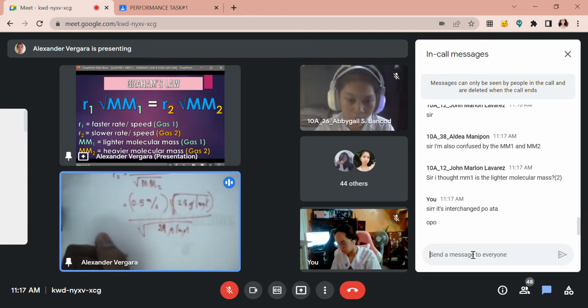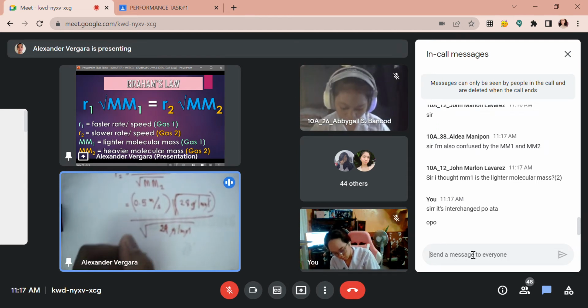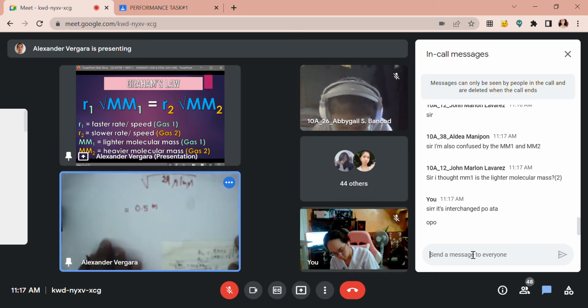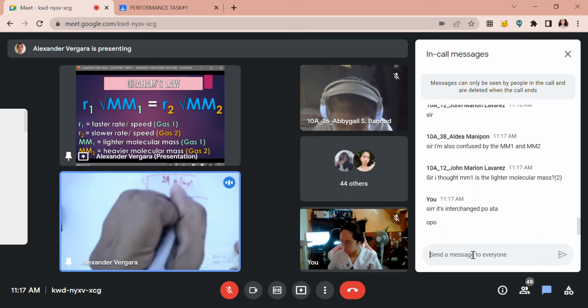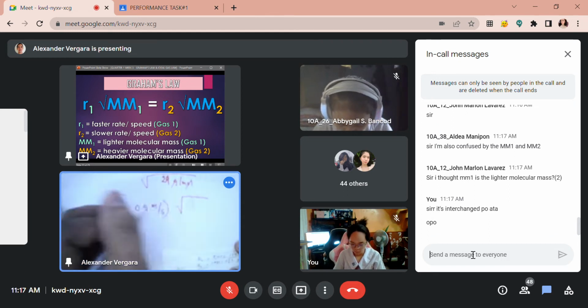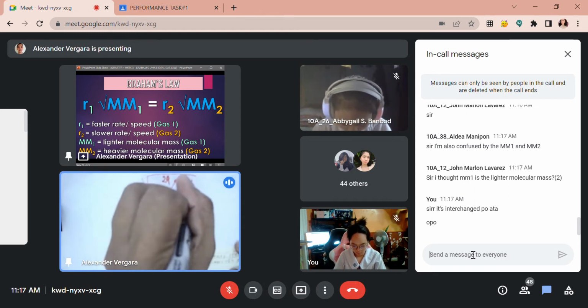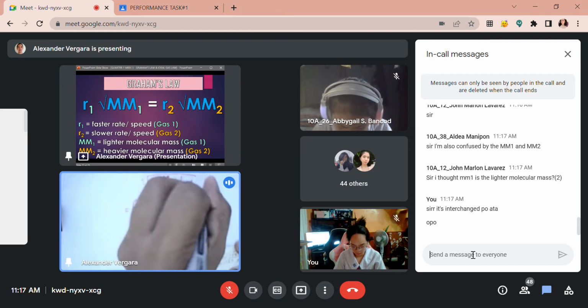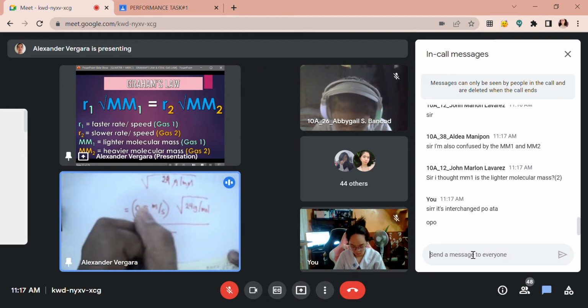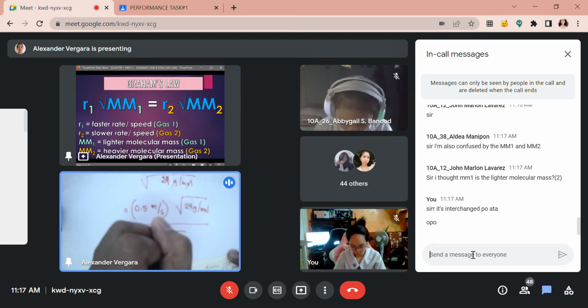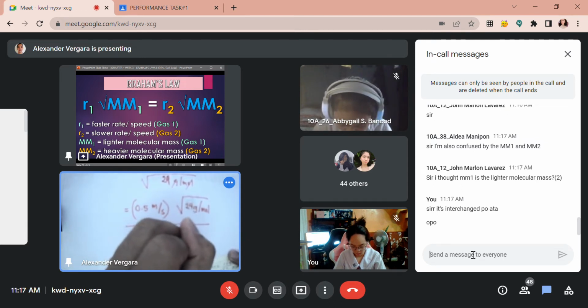Okay, so it will be like this. 0.5 meters per second multiplied with square root of 24 grams per mole all over square root of 28 grams per mole.